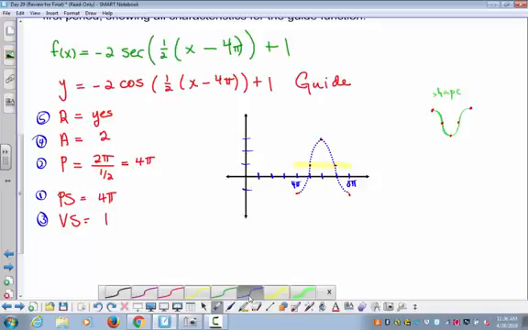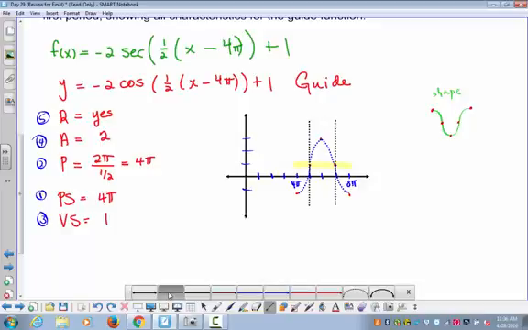Asymptotes. Wherever the guide crosses the center line, there is an asymptote. So let's drop those in. There should be an asymptote there and an asymptote here.